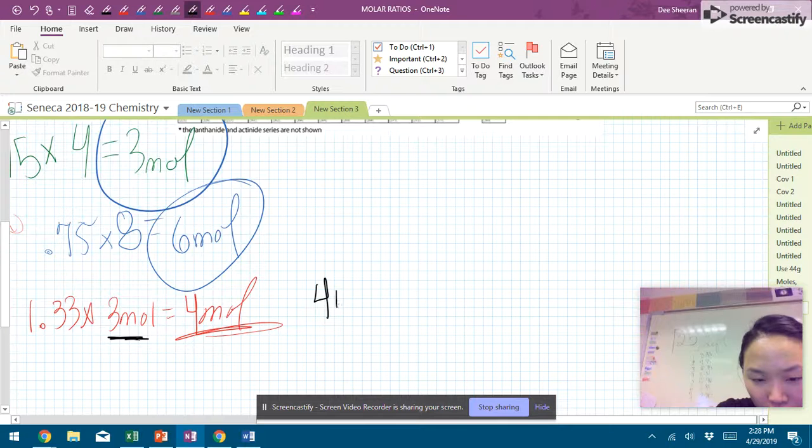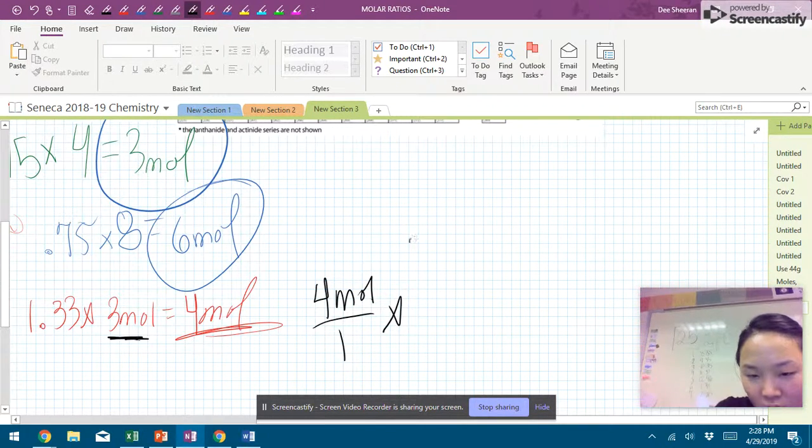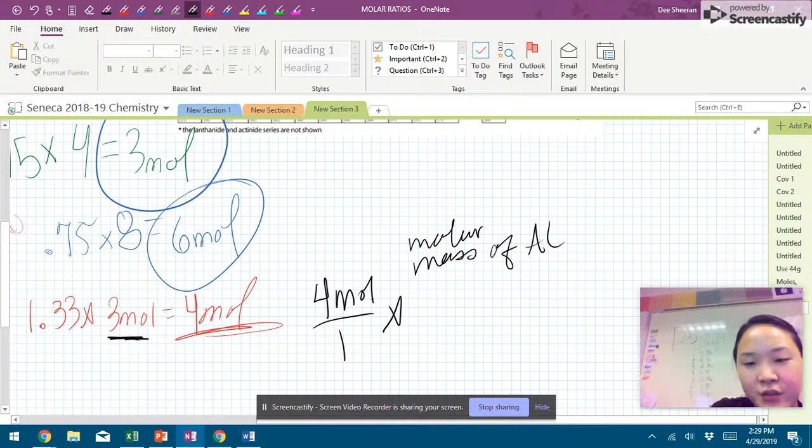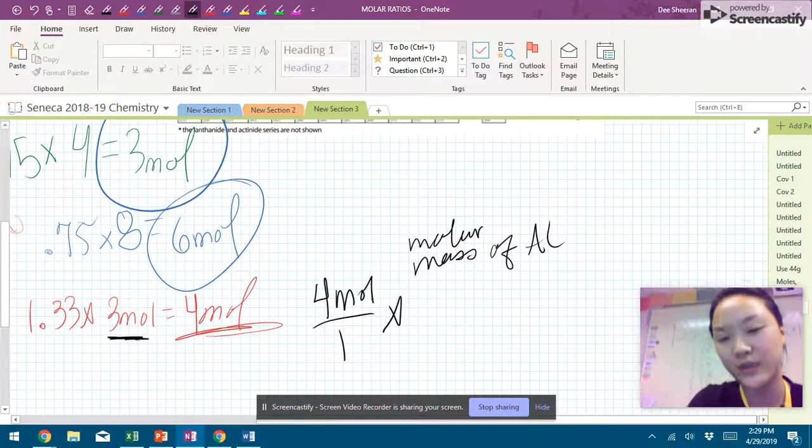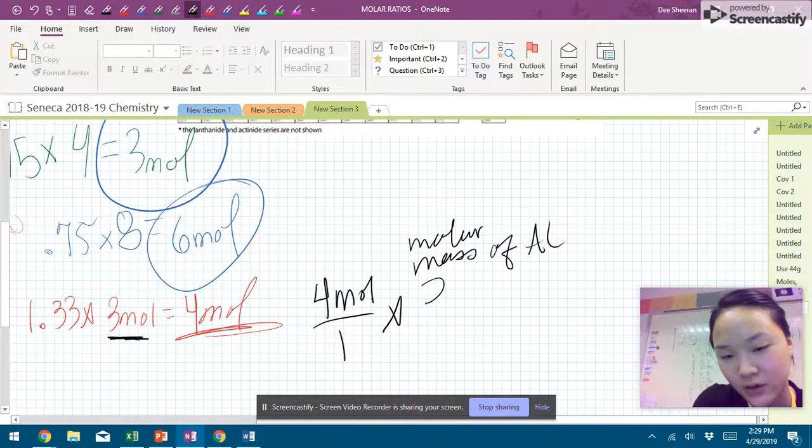So over here, we are looking for the molar mass of AL. So 4 moles over 1 times the molar mass of AL. And to do this, you're going to look at your periodic table. So if you look on your periodic table, it's going to have a value of 29 grams per 1 mole.